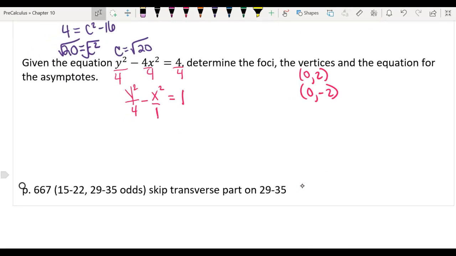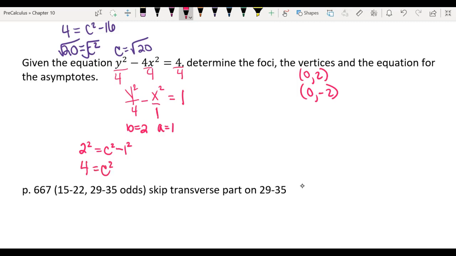Then you're going to determine the focus. b is 2. a is 1. So we'd get 2 squared. y goes with b, x goes with a.